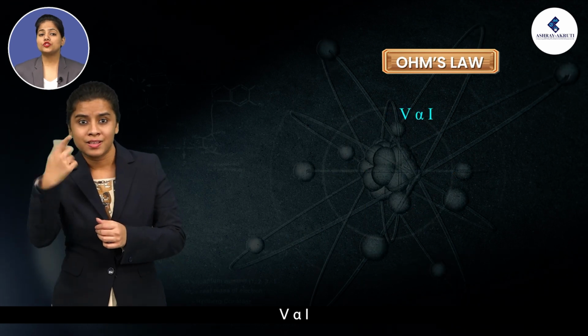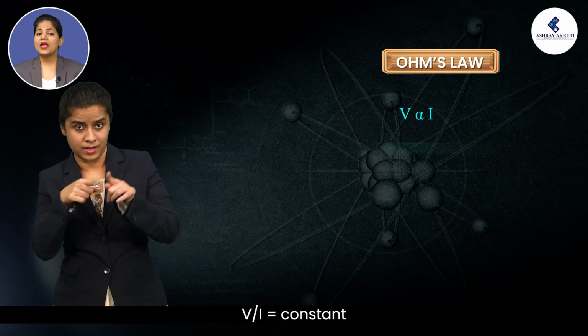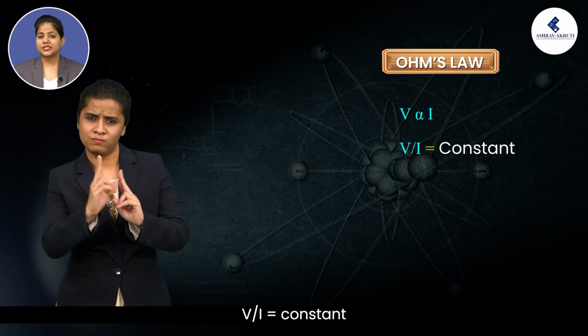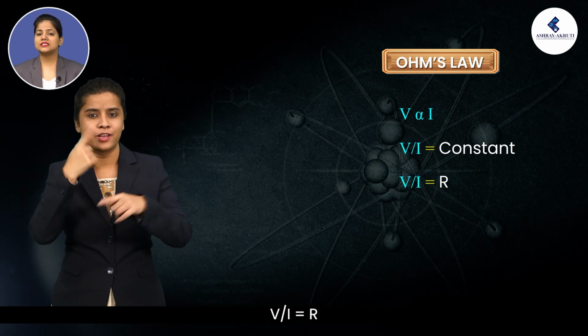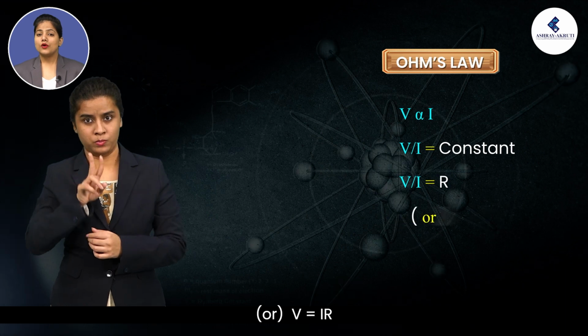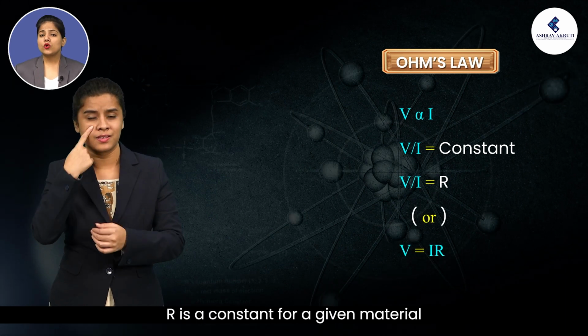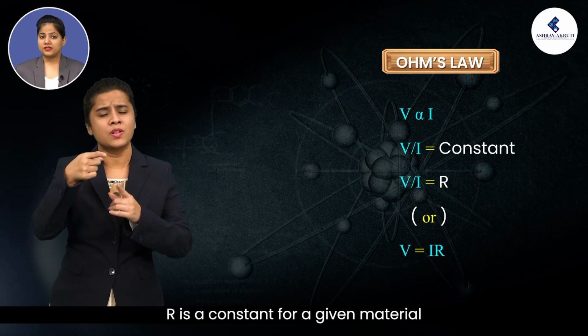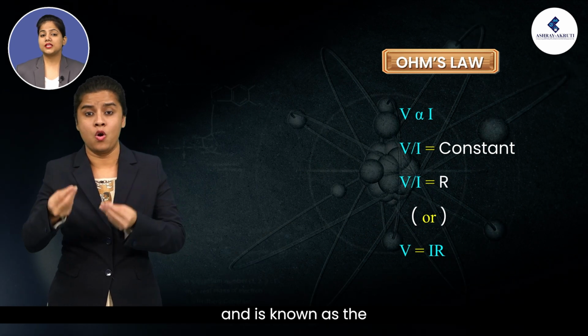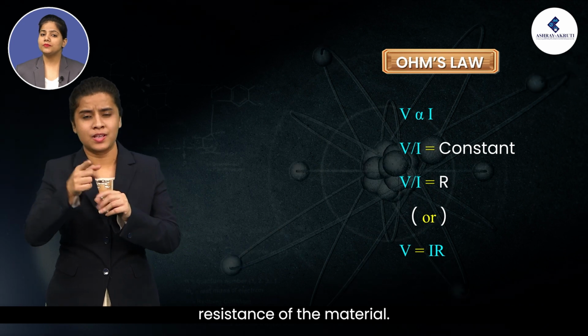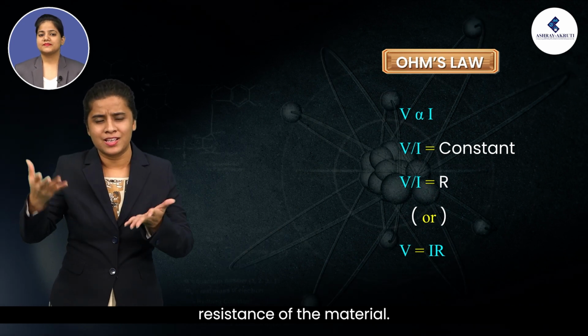V directly proportional to I, V by I is equal to constant, V by I is equal to R, or V is equal to IR. Here, R is a constant for a given material at a given temperature and is known as the resistance of the material.